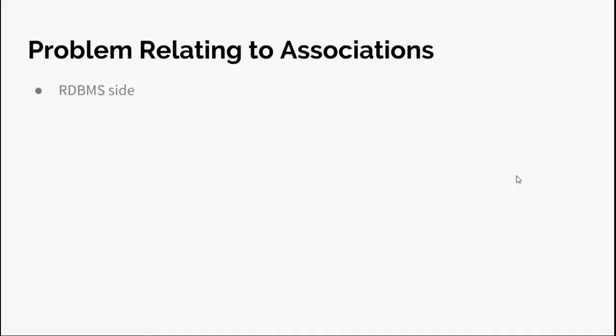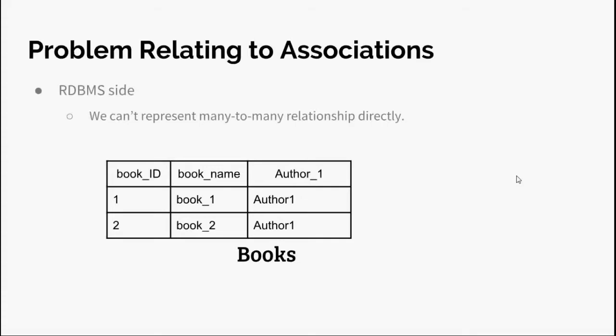But on the RDBMS side, we cannot represent a many-to-many relationship directly, because if we make a table for the books class, it will look like this. As you can see, there is only one column for author name, so we can accommodate books having one author. But what about books having multiple authors? Suppose a book has two authors. In that case, we have to write one author's name and simply ignore the others, which we cannot afford.